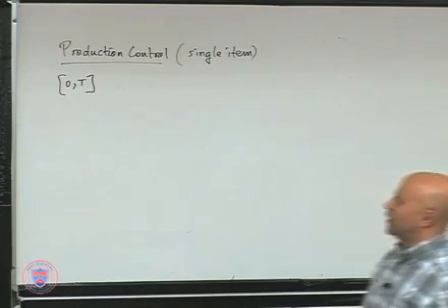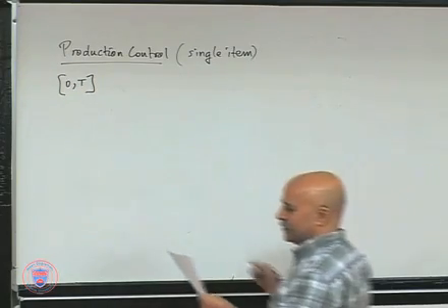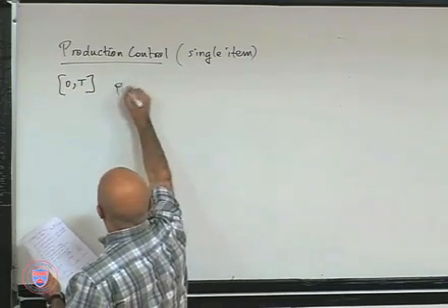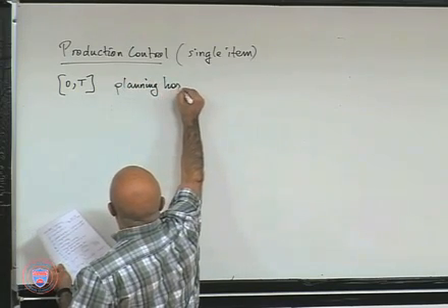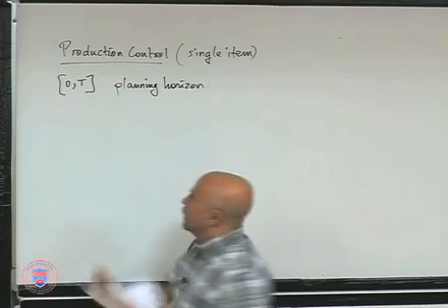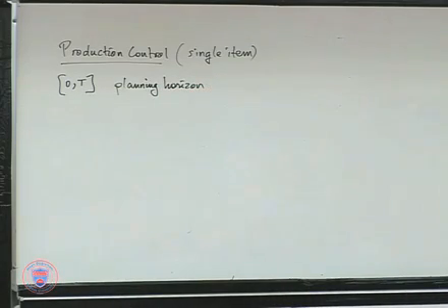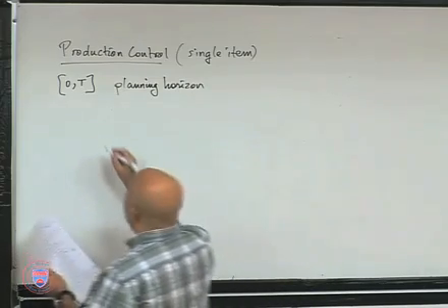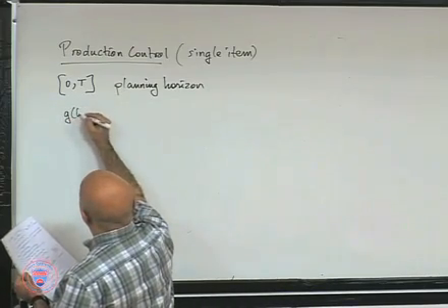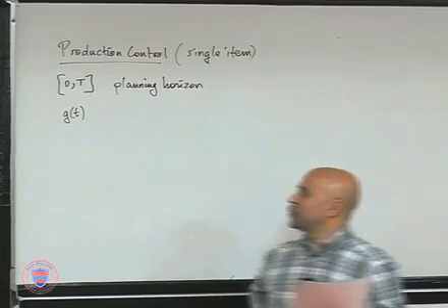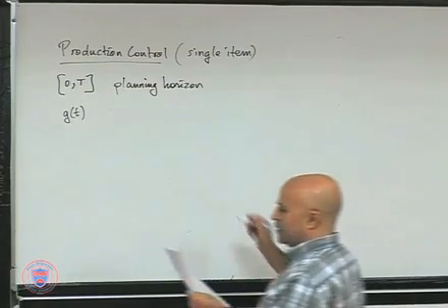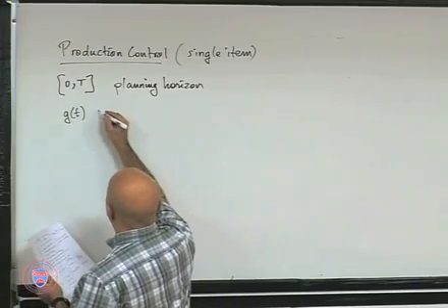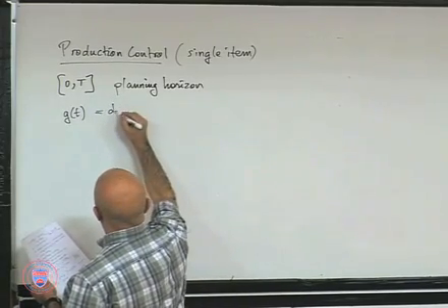Suppose we have a planning horizon of 0 to T, and let's take this in continuous time, not discrete time. You have a function g of t, where small t is time. This is the demand rate at time t for the product under consideration.